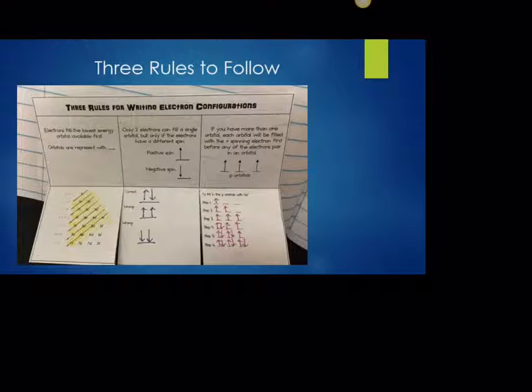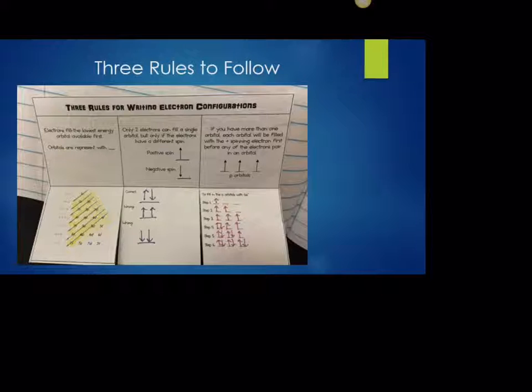Alright, the third and last rule that we're following is Hund's rule, which states that electrons fill each orbital with a positive spinning electron first before electrons pair with negative spinning electrons.